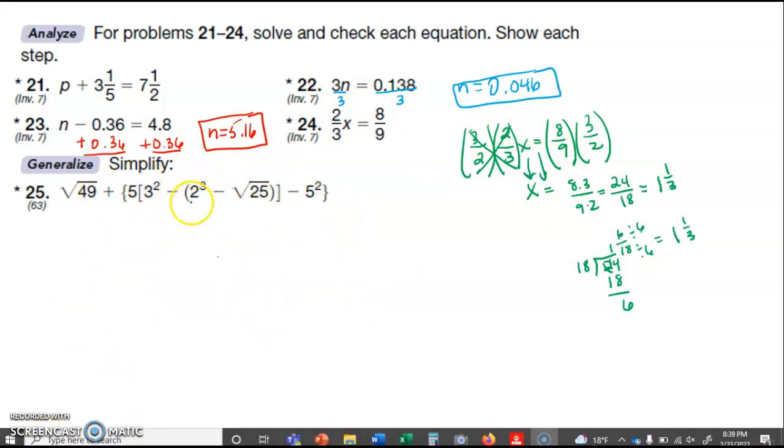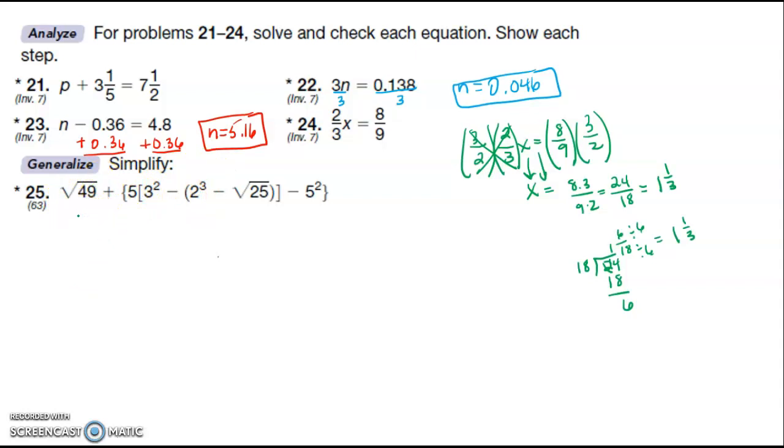Okay, so let's see. I can go ahead and do the square root here. So 7 plus, I have an ellipse, 3 times, so this is 3 times 3, which is 9, minus, and this is 2 times 2 times 2, which is 8, minus the square root of 25 is 5, minus this is 5 times 5, which is 25.